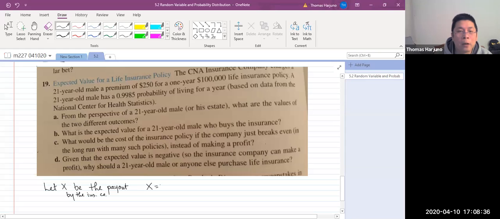Now, in this case, this 21-year-old male has 0.9985 probability of living for a year, which means this guy will lose $250.